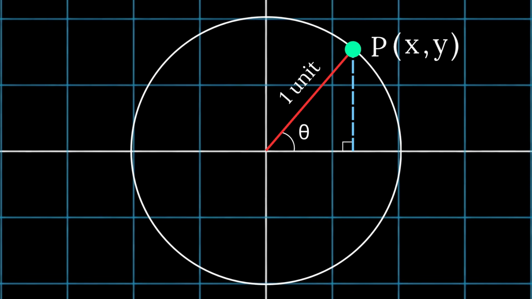You can think of this as, to get to point P, we have to move some x units horizontally and some y units vertically. The y value is the side opposite to theta, so we simply label it as so. The x value is the side adjacent to theta, and the last side is simply the hypotenuse of this right triangle.